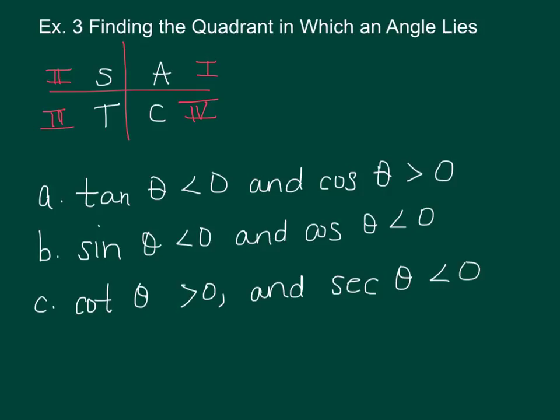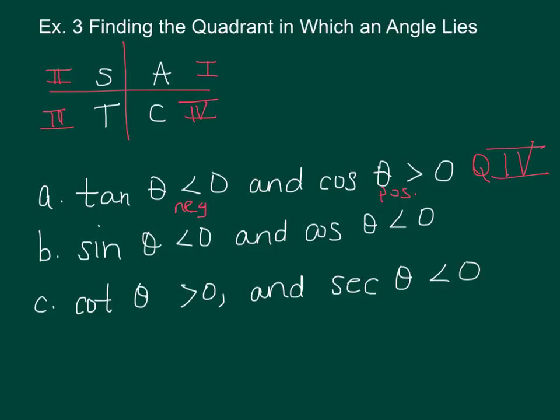So A, they want to know which quadrant is tangent less than 0, that means negative, and cosine theta is greater than 0, that's positive. And the only one that fits that description is quadrant 4. B, what quadrant is sine of theta less than 0 and cosine of theta is also less than 0?